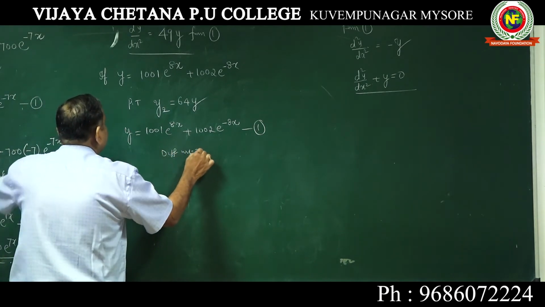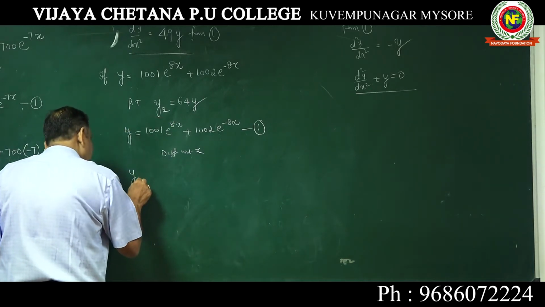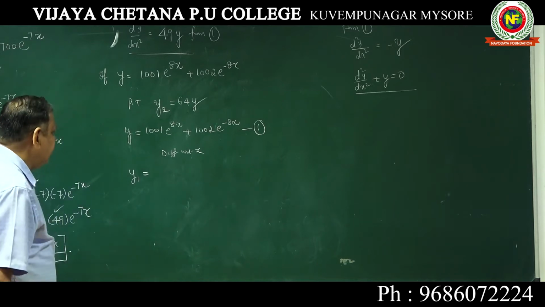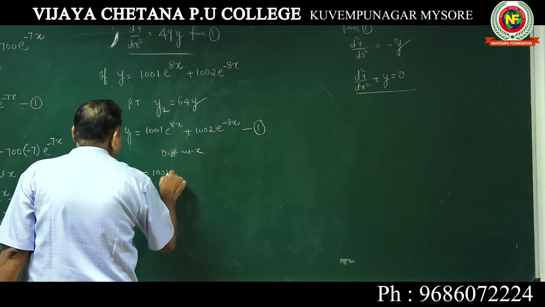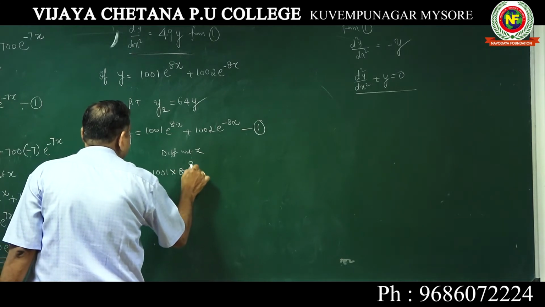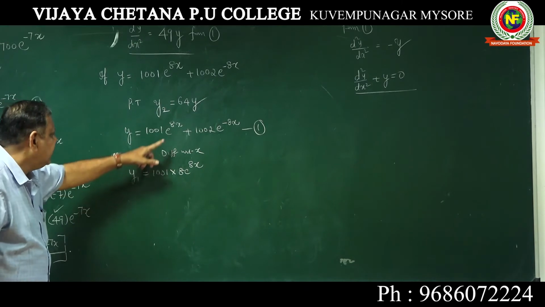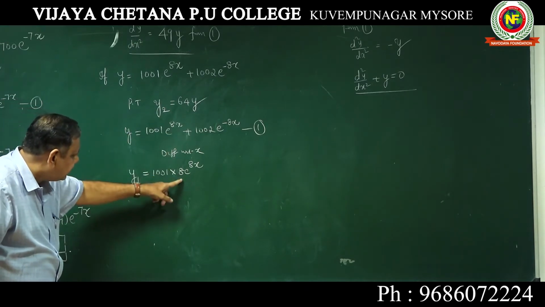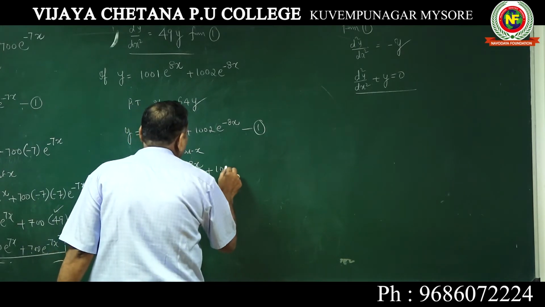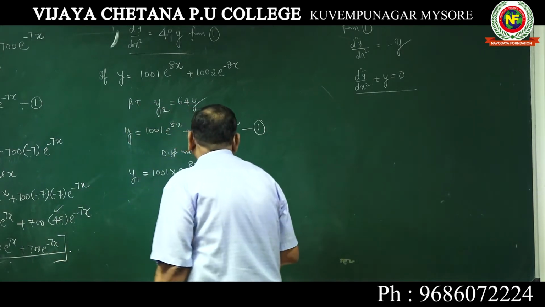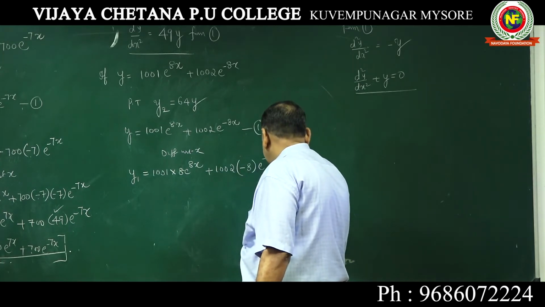Because they are given y2, y1, you have to use that notation itself. y1 is equal to, when you differentiate, you write 1001 into 8 e to the power of 8x, see here very carefully, this 8 comes beside, plus 1002 into minus 8 e to the power of minus 8x.